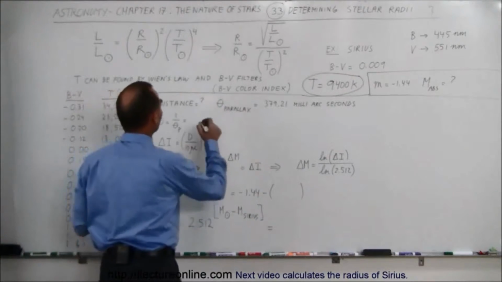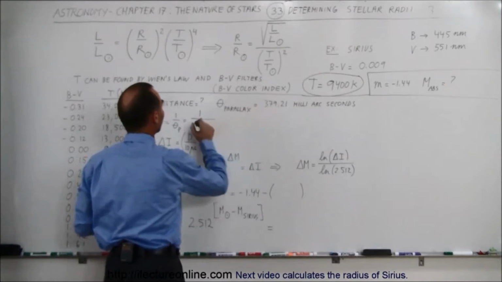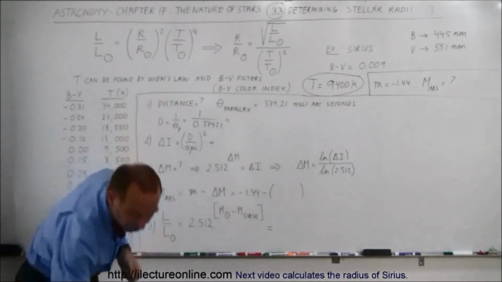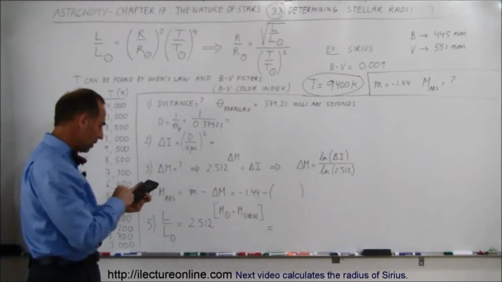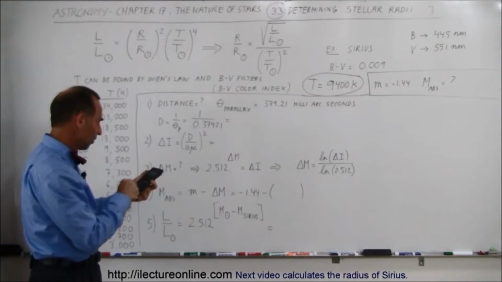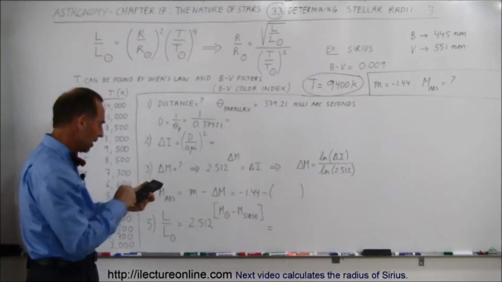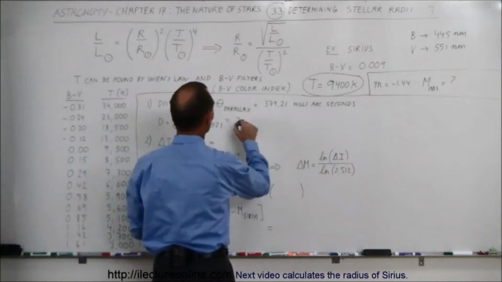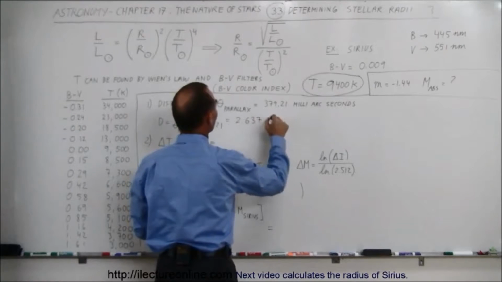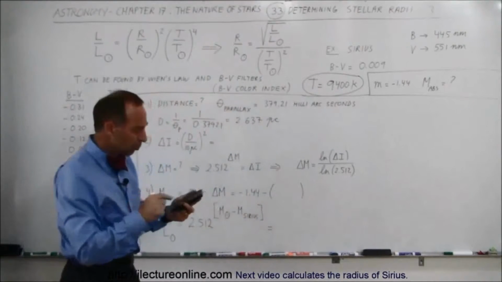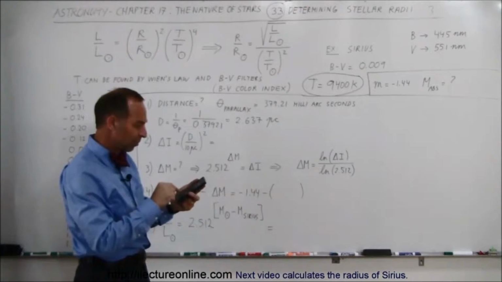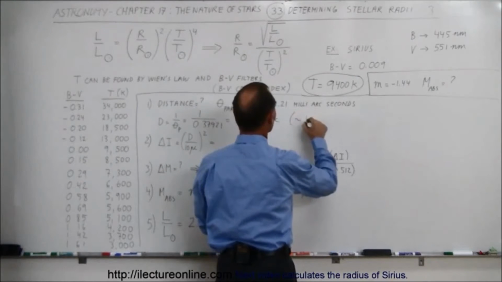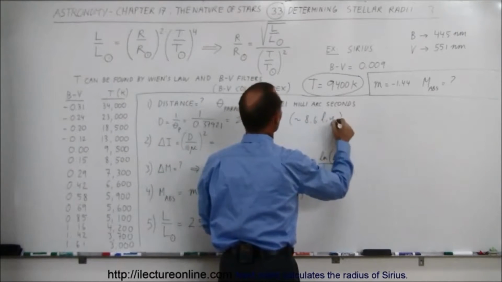So the distance to Sirius is 1 divided by 0.37921, because we have to convert to arcseconds, and we get a distance of 2.637 parsecs. Since there are 3.26 light years per parsec, multiplying by 3.26 gives about 8.6 light years to the star Sirius.